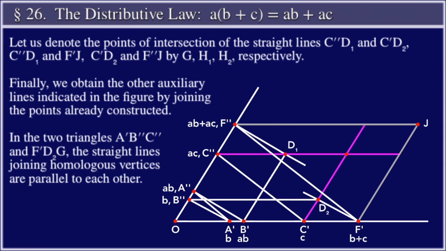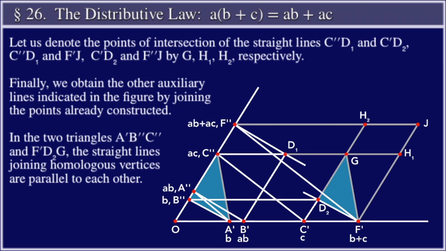Let us denote the points of intersection of the straight lines C double prime D sub 1 and C prime D sub 2, C double prime D sub 1 and F prime J, C prime D sub 2 and F double prime J by G, H sub 1, H sub 2, respectively. Finally, we obtain the other auxiliary lines indicated in the figure by joining the points already constructed.